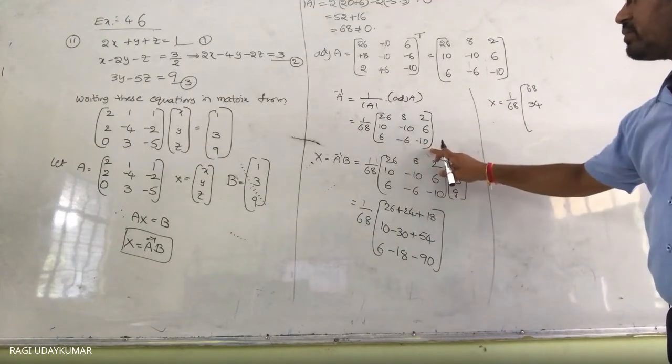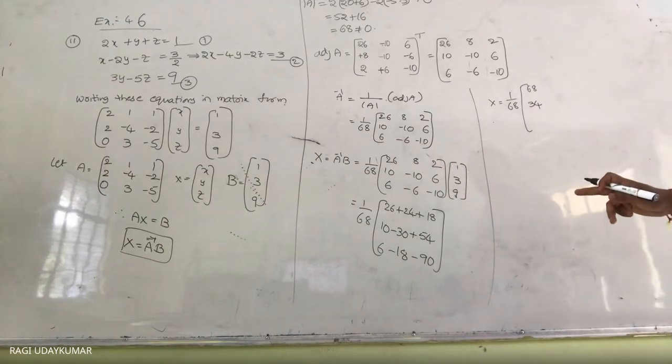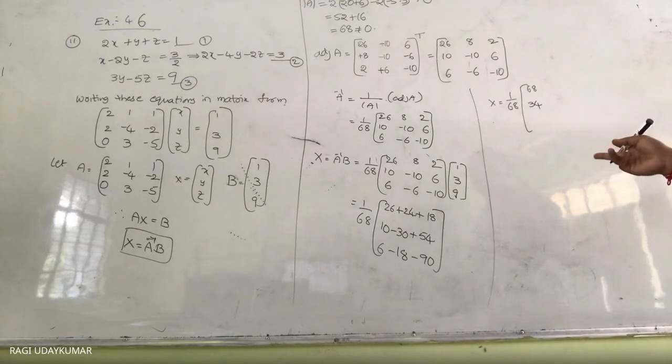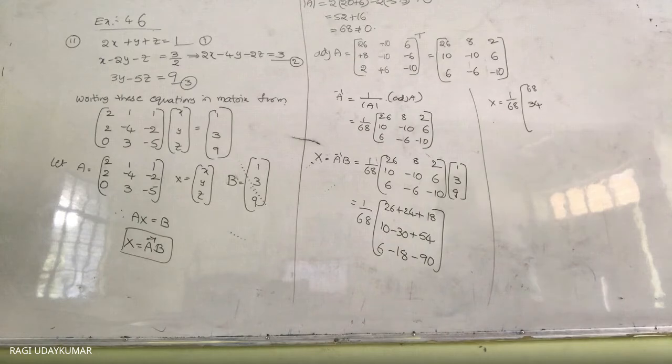This row came out correct. 6 minus 6 minus 10. Yes, obviously.